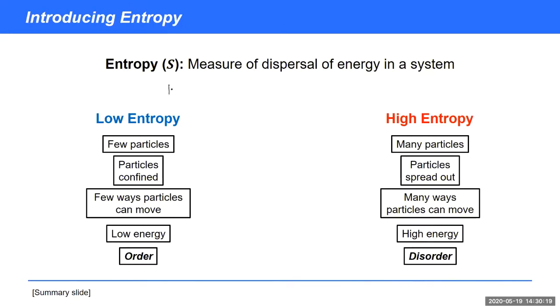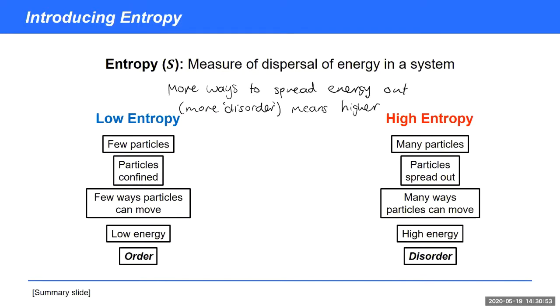So the more spread out, or more ways to spread energy out, so the more ways you can spread energy out, or the more disorder you have, the higher the entropy.